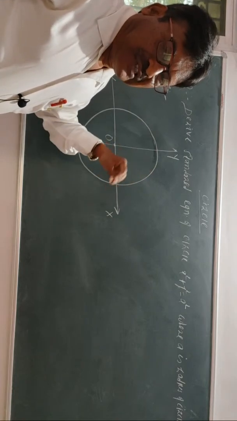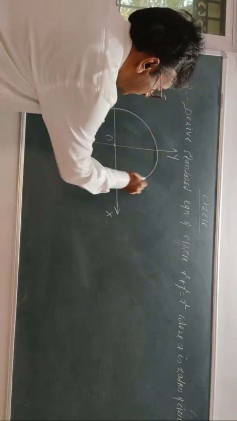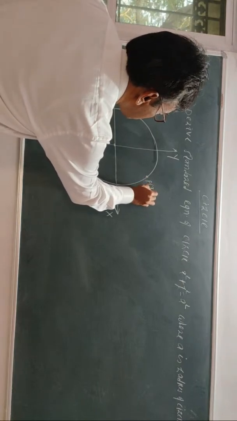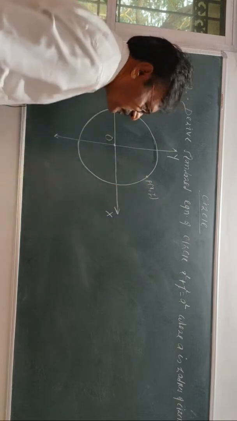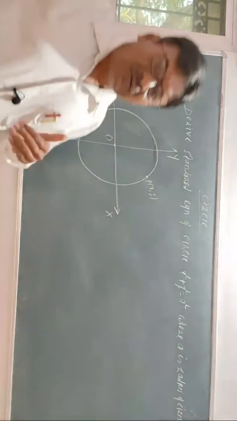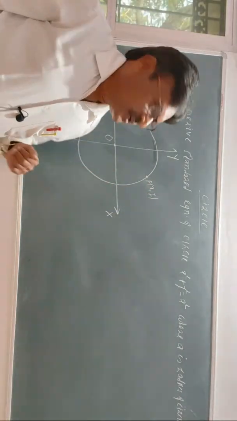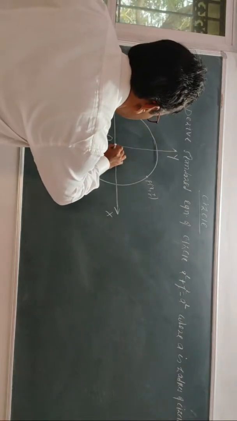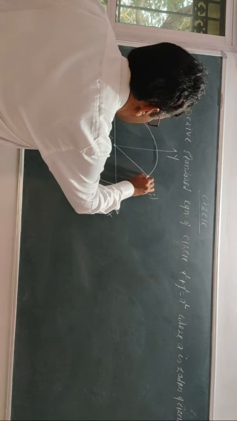Suppose let P(x, y) be any point on the circle. Then we join these two points, O and P, and we get the radius of the circle.